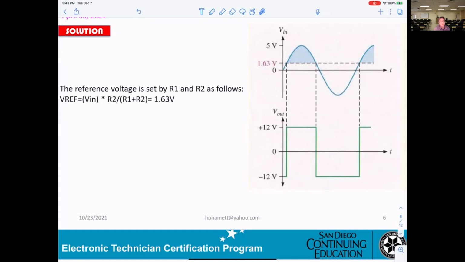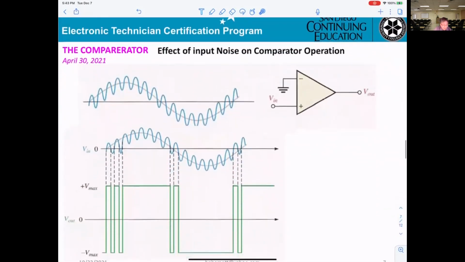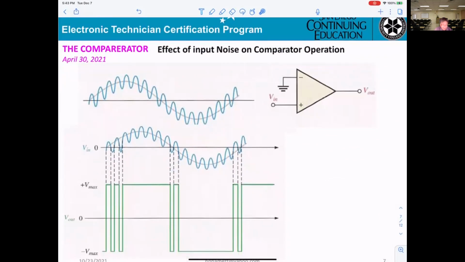Make sure you're looking into the circuitry of that comparator. And the next thing is what they are trying to compare. Okay. And now, the effect of input noise on comparator operation. Okay. Basically, you compare to 0, and this is a V in.